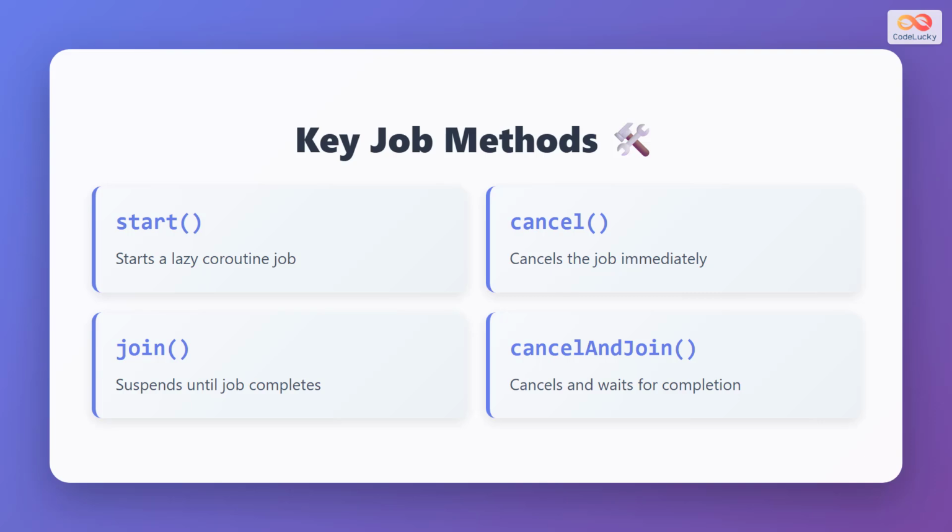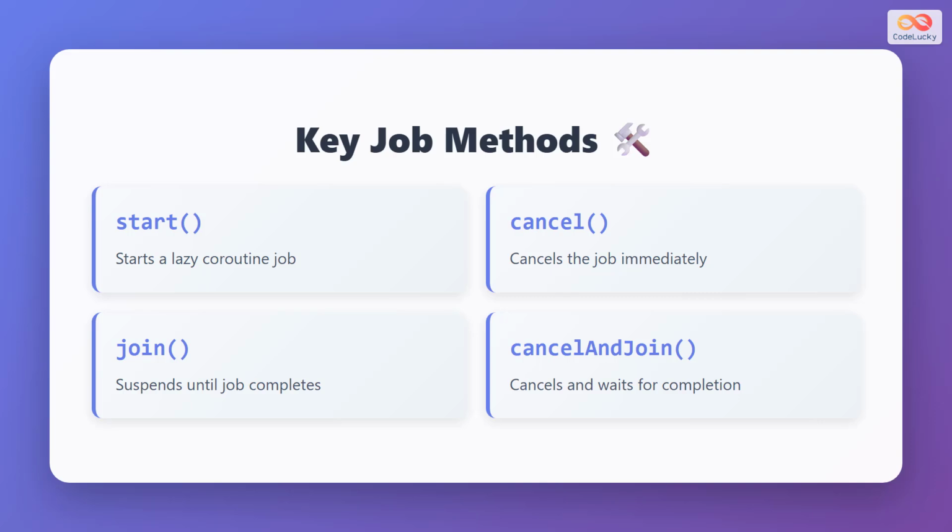Now let's look at the 4 key methods you'll use to control jobs. First is the start method, which starts a lazy coroutine job. By default, coroutines start immediately, but if you create one with lazy start, you need to call start explicitly. Second is the cancel method, which cancels the job immediately. Third is the join method, which is a suspending function that waits until the job completes.